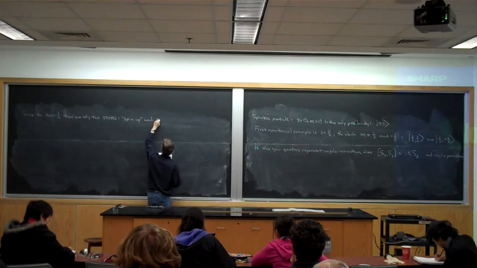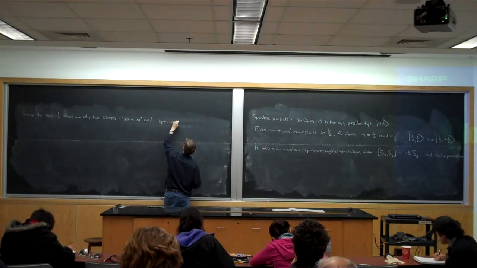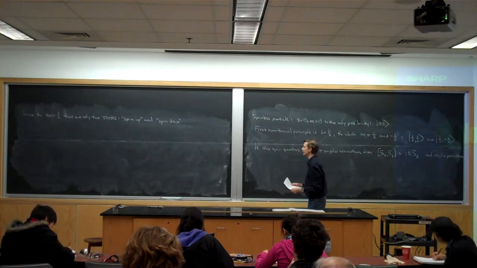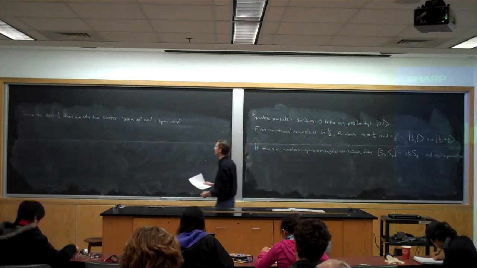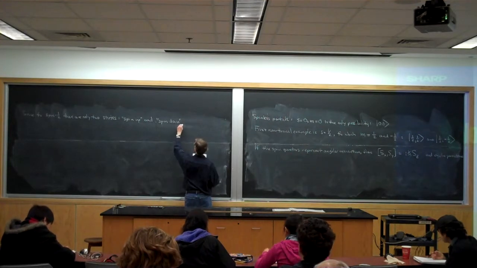I don't really mean that it can only have 2 states. I mean that any state can be represented as a linear combination of spin up and spin down. There are only 2 linearly independent basis states, spin up and spin down.